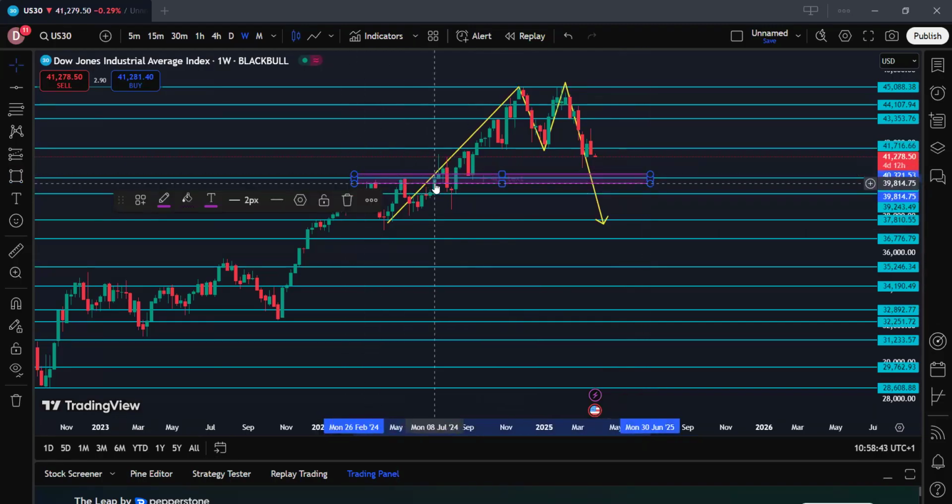So resistance, price broke through, managed to retest around this area right here and push straight back up, and then you saw a retest within this level as well.